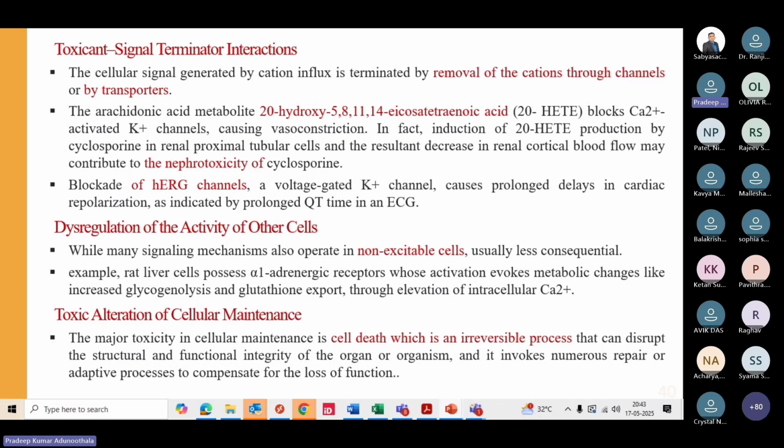In fact, the induction of 20-HETE production by cyclosporin in renal proximal tubules and the resultant decrease in renal cortical blood flow may contribute to the nephrotoxicity of cyclosporin. Another example is the blockade of HERG channels, voltage gated potassium channels, which causes prolonged delays in cardiac repolarization, as indicated by prolonged QT time in the ECG.